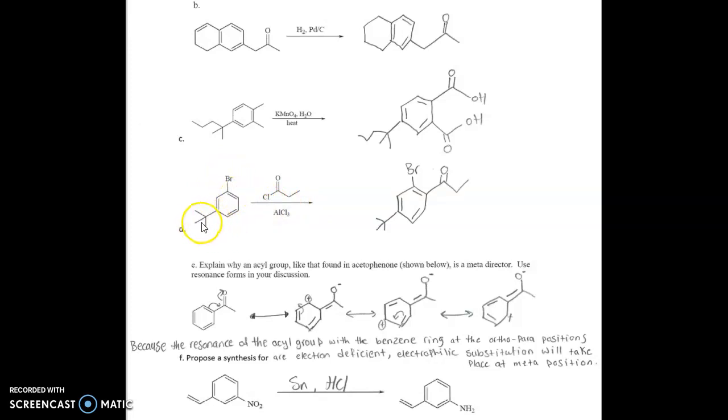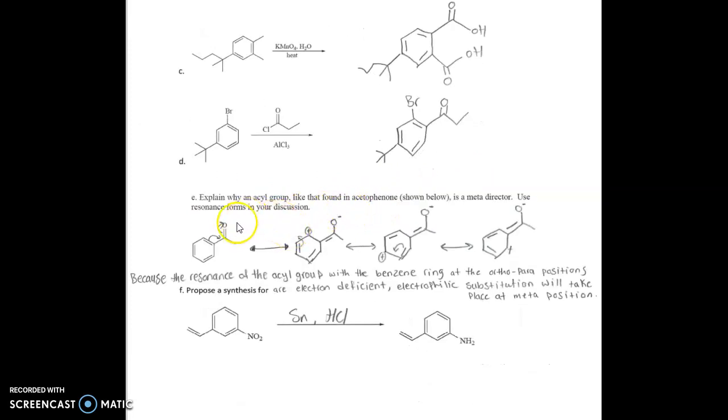Same thing with tert-butyl. It's an ortho-para director. So here, the butanone without the chloride moves to the ortho location. And as you see, this is how it goes.